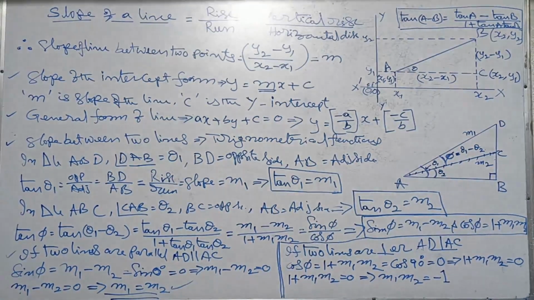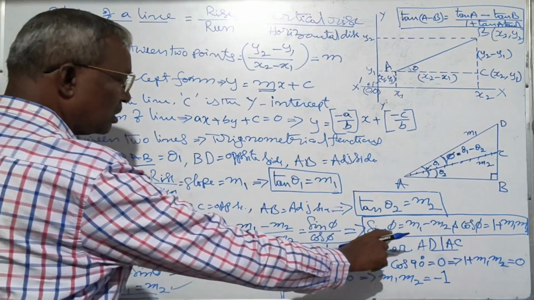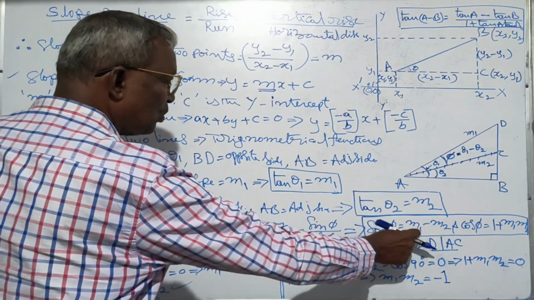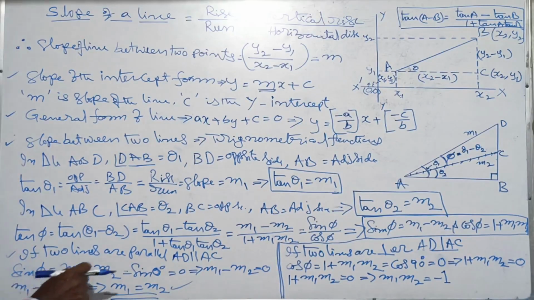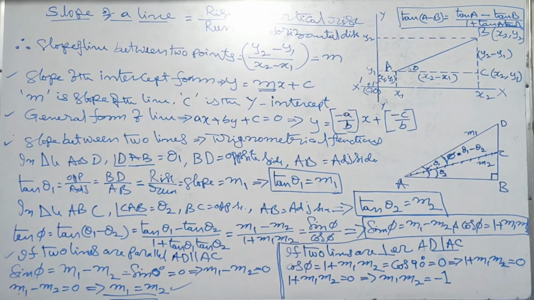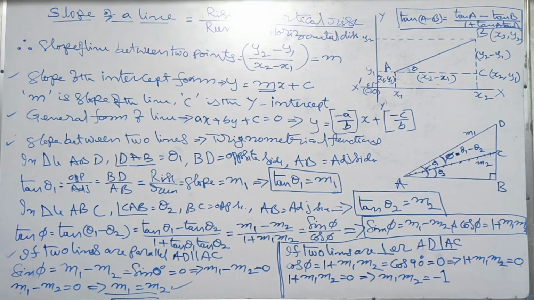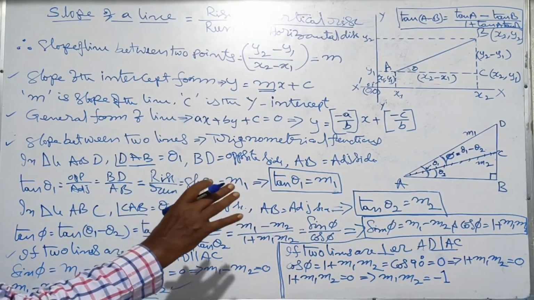So that means sin phi, the difference of angle, is equal to M1 minus M2. But here the difference of angle will become 0. That means sin 0 is equal to 0. As per the trigonometrical ratio of the angles, sin 0 degrees is equal to 0.